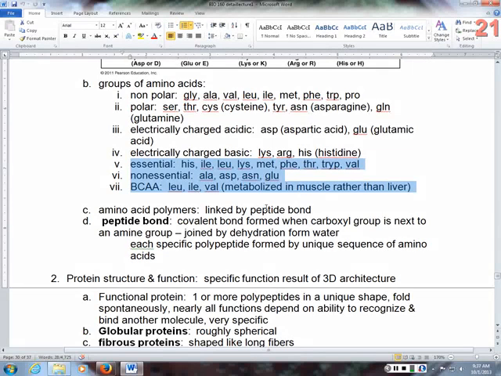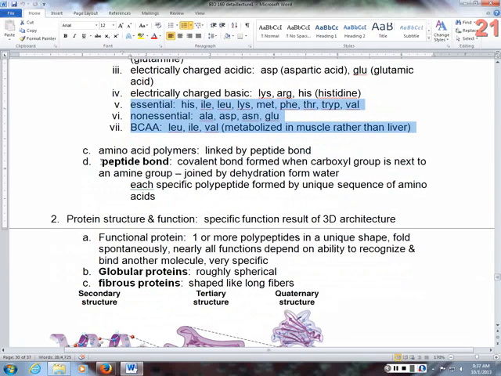So amino acids get linked together by a peptide bond. And the peptide bond is kind of important to know. You'll see that over and over again in biology. It's going to be joined when the carboxyl group next to the amine group comes off. They're going to form water, a dehydration.